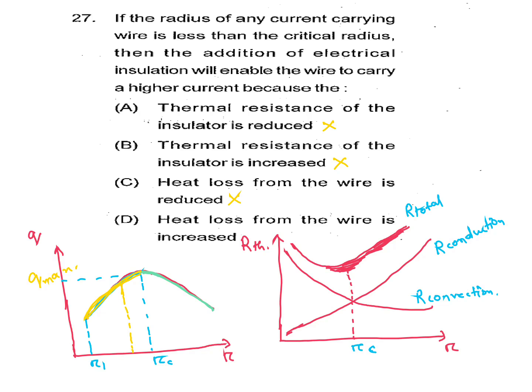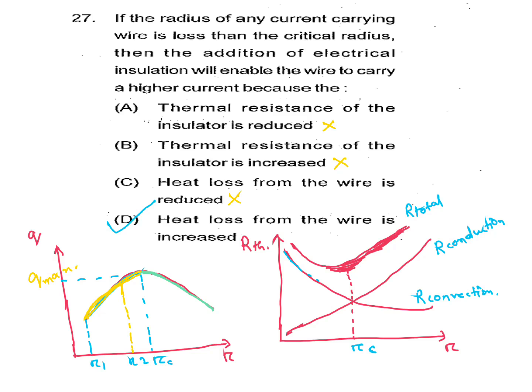This is also very important. So many times asked in various exams. So both graphs you should know. R2. This graph also very important. Thermal resistance for convection it will decrease, and for conduction it will increase.